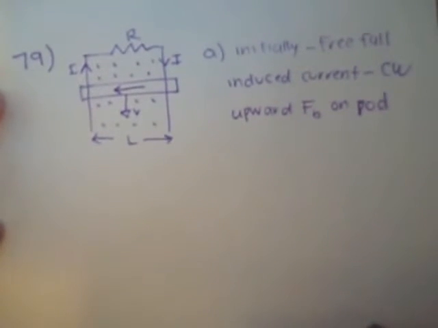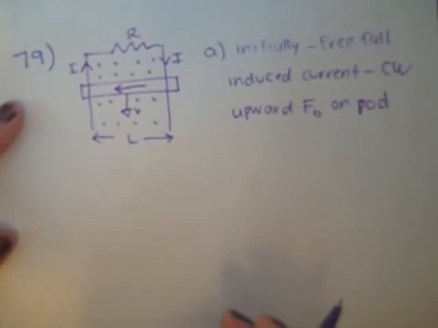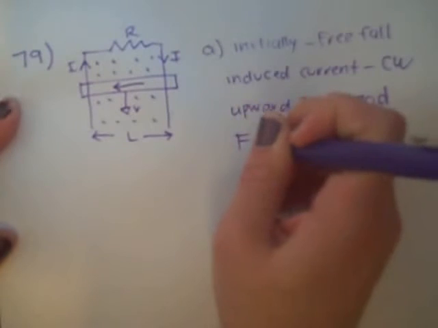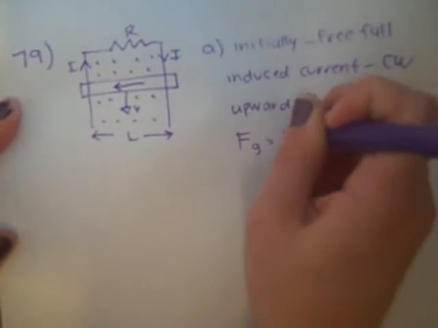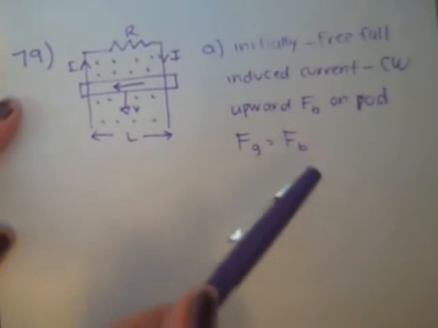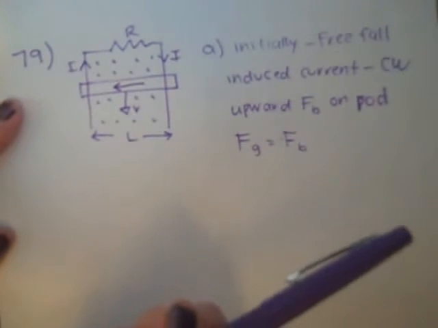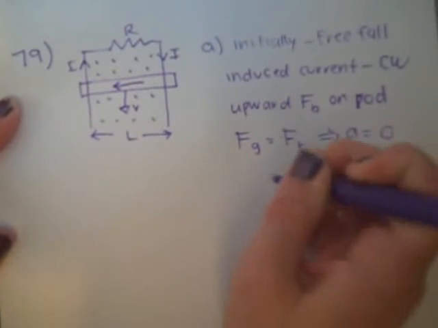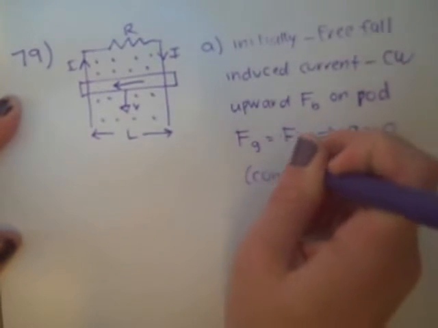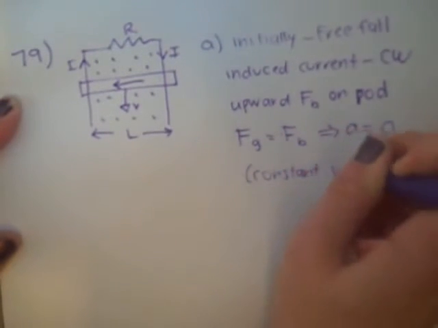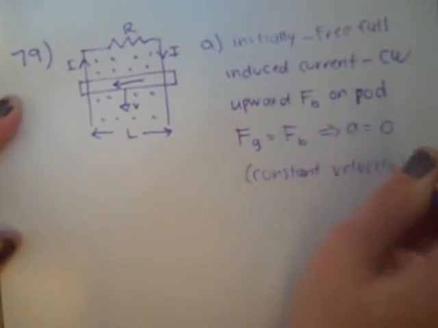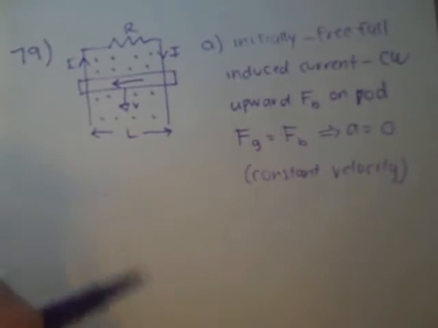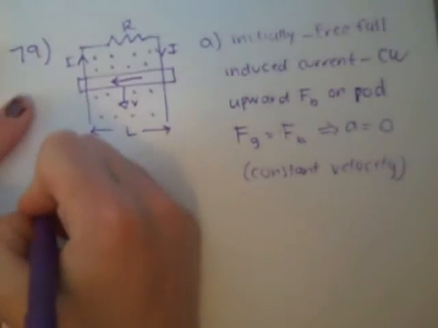And so the result of this is at some point it's falling down due to gravity, and there's an upward force due to the magnetic field, and at some point the force of gravity going down is going to be balanced out by that magnetic force from the induced current, and at that point the acceleration of the rod will approach zero, and it will just start moving at a constant velocity. And it will continue moving downward because according to Newton's first law, it was already in motion downward. So it's going to stay in motion, it's just that your forces are balanced.